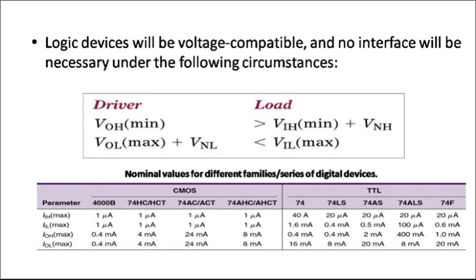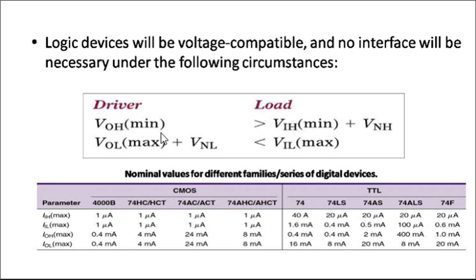See, the logic devices are voltage compatible and no interface is needed under the following circumstances. If you see the driver voltage VOH and the load voltage, at the time of driver and load we can check the nominal values of different families and series. All the values of voltage and current are already given in the data sheets of the IC.